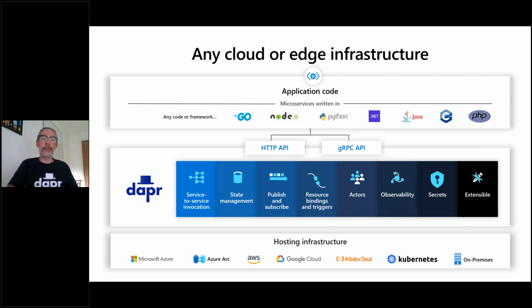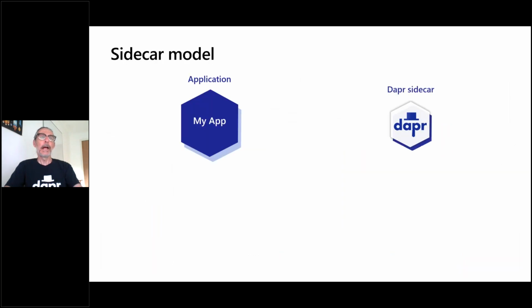And of course, you can move this between the cloud of your choice, whether you want to run it on Azure, AWS, Google or one of the other public clouds. So the portability between cloud and edge and the pluggability with these different building blocks lets you take advantage of DAPR's capabilities to build these applications. Now, the second key to DAPR is how it gives you these capabilities.